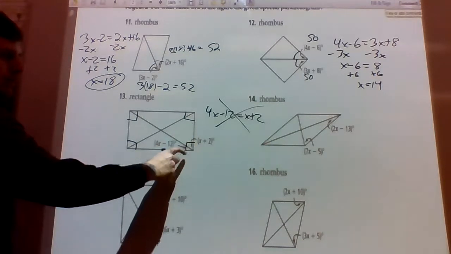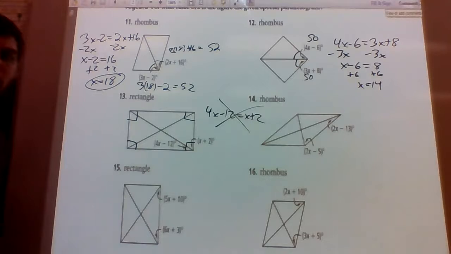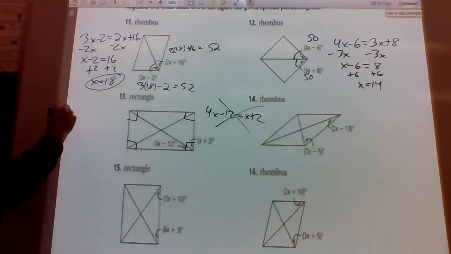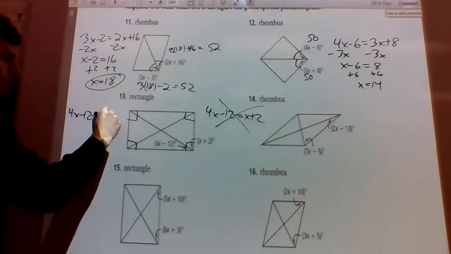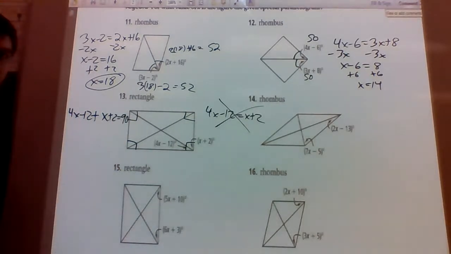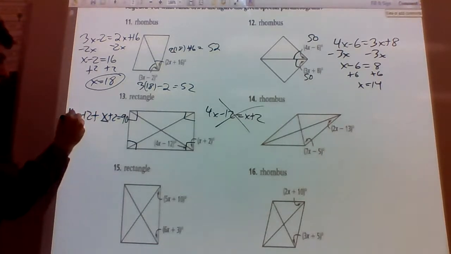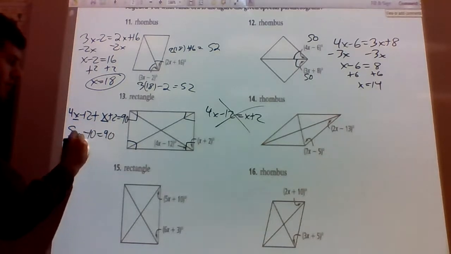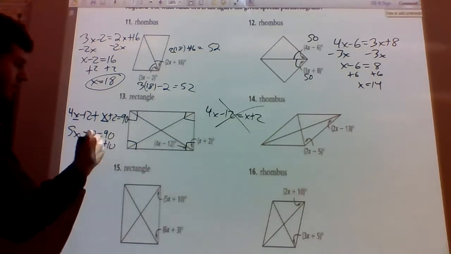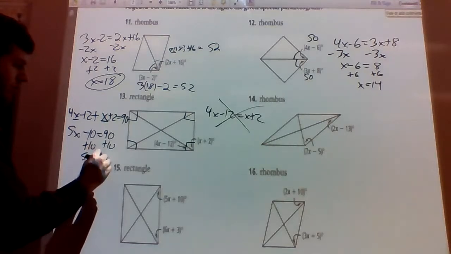So we know these 2 angles add together to form a right angle, so they're going to add to 90 degrees. 4x minus 12 plus x plus 2 is going to equal 90. Combine like terms, 5x minus 10 equals 90. Add 10 to both sides. 5x equals 100.